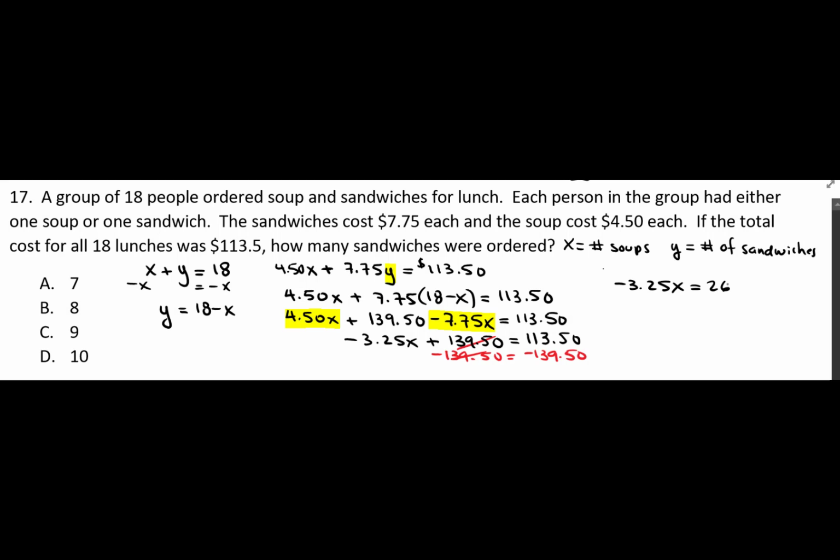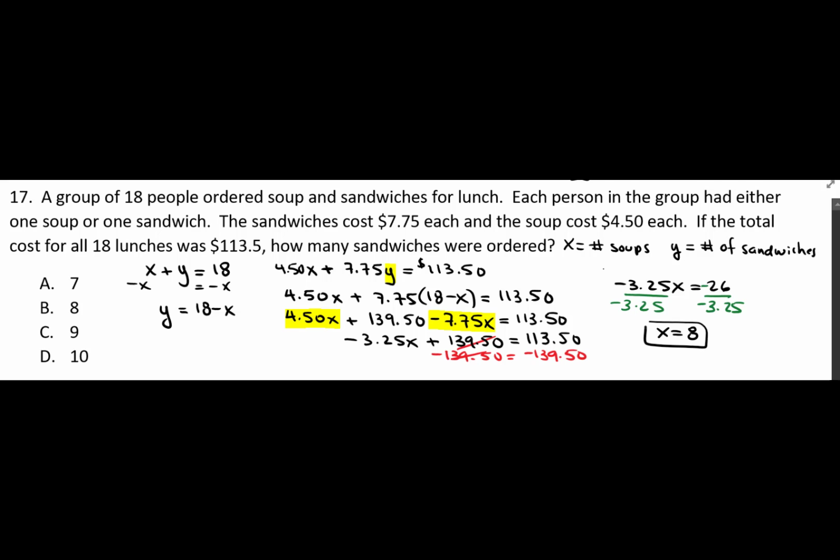And then we're going to divide both sides by negative 3.25. Negative 26 divided by negative 3.25 should be a positive 8. So x is equal to positive 8.